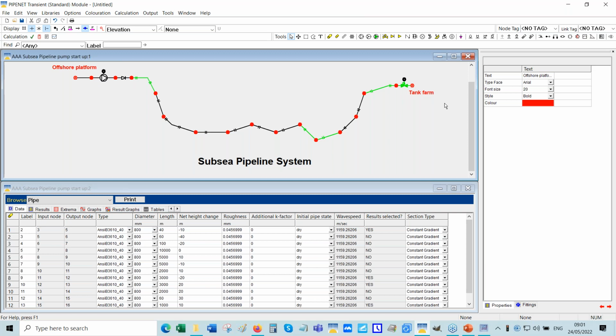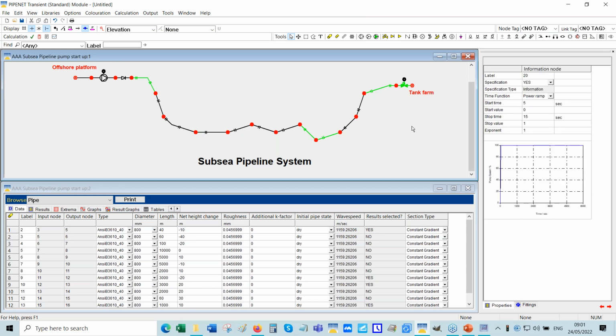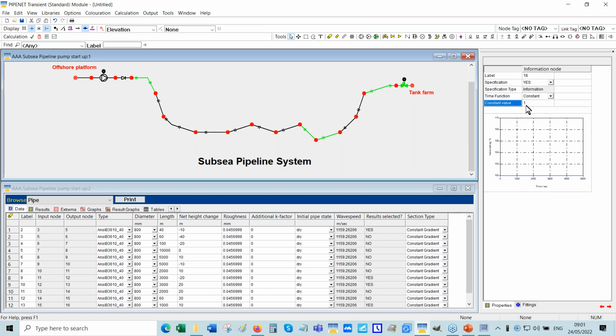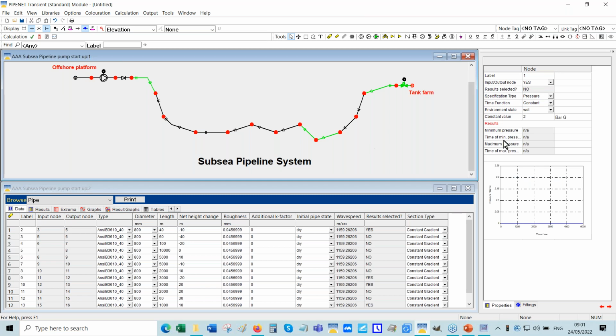And let's say our purpose is to calculate how long it will take for the system to prime. The pump starts. It takes 10 seconds to run up, starting at 5 seconds. This valve remains open all the time. And the pressure here is not zero because we're assuming that there is a storage tank and the pump is connected to the bottom of the storage tank.